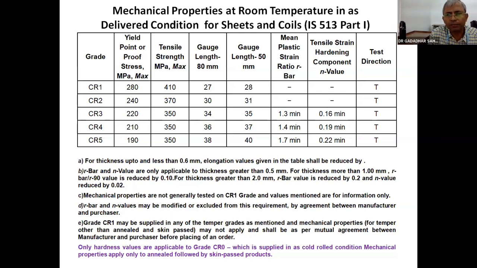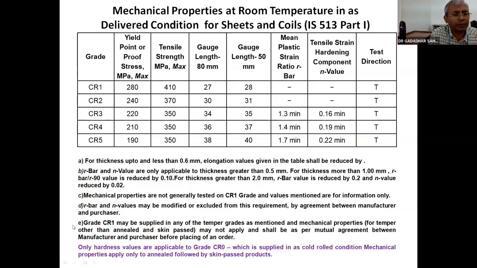And in all cases, the test direction is transverse. From the strip we take the test sample in the transverse direction. In contrast, in the other specification I'll be showing, it is in the longitudinal direction. But in any case, whatever is mentioned in the IS specification, that is how we do it.